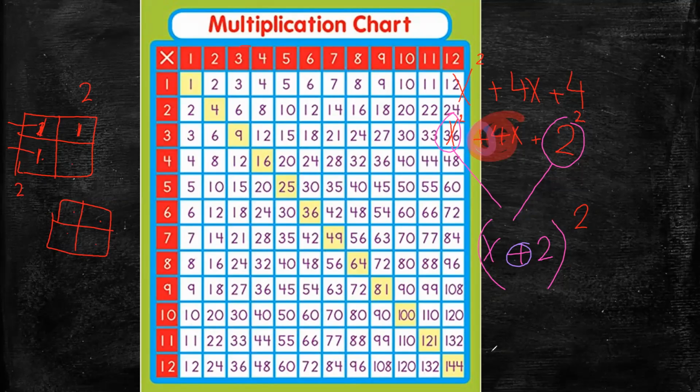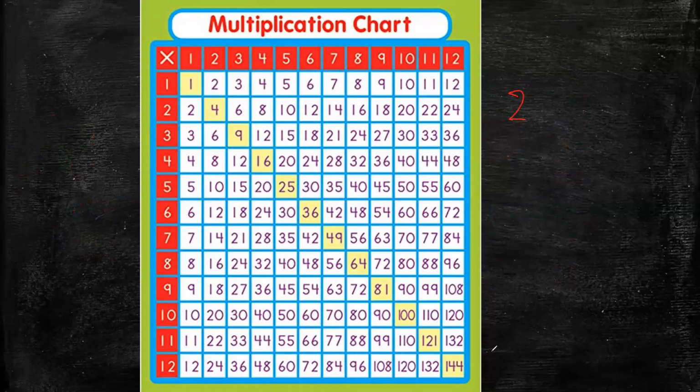In numbers, if you multiply the number 3 times 3, you will get 9. This 9, we call a perfect square. Because what's the meaning of square? That means I multiply the number by itself, like 2 times 2, 4 times 4, 6 times 6, 9 times 9, 10 times 10, 20 times 20.